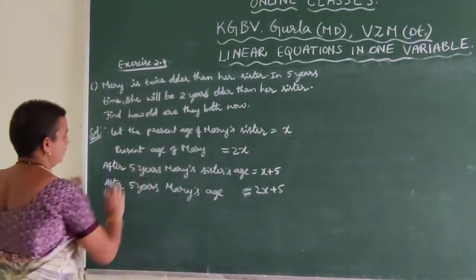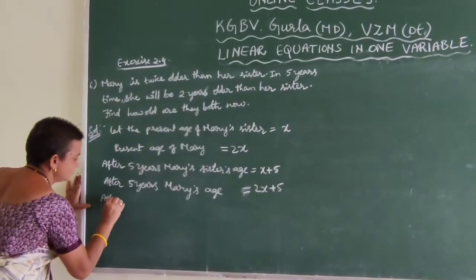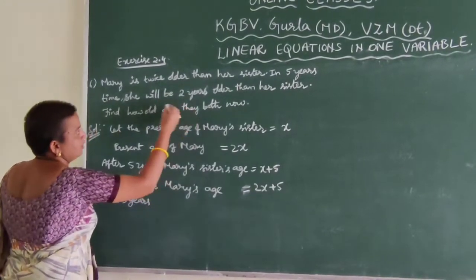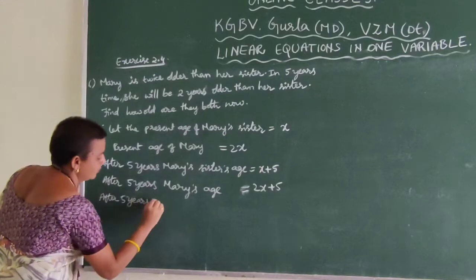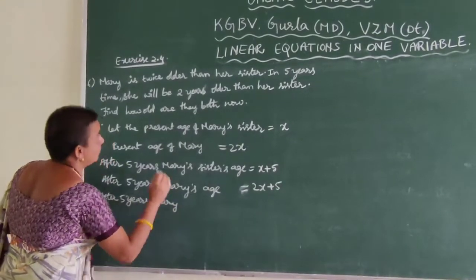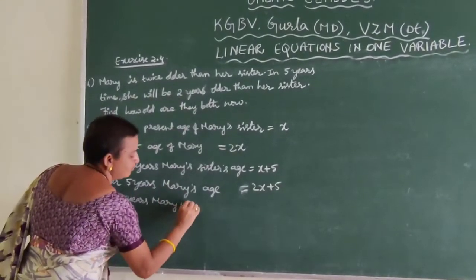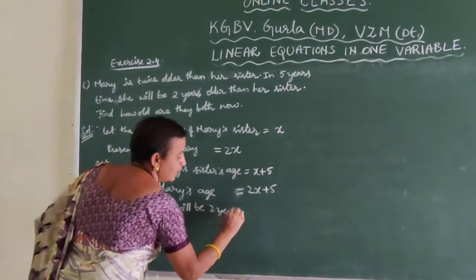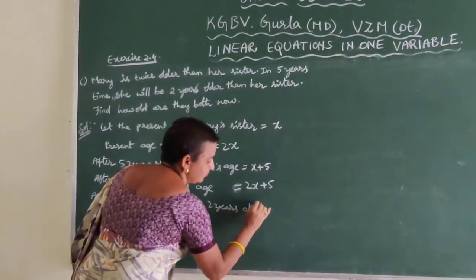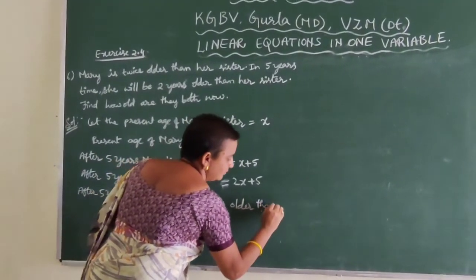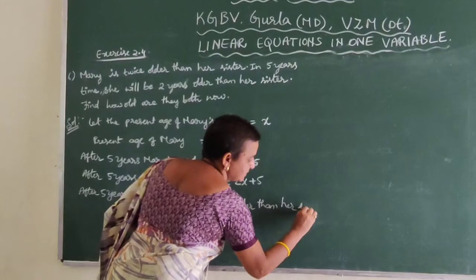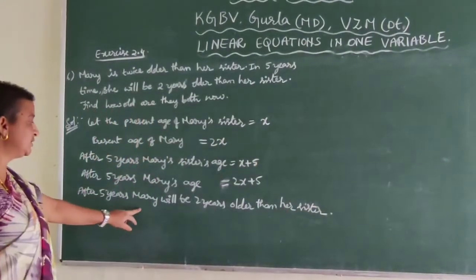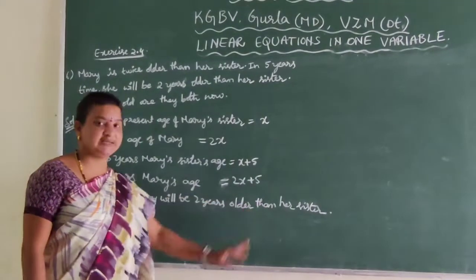After 5 years, Mary will be 2 years older than her sister.